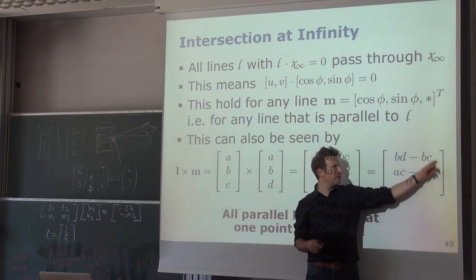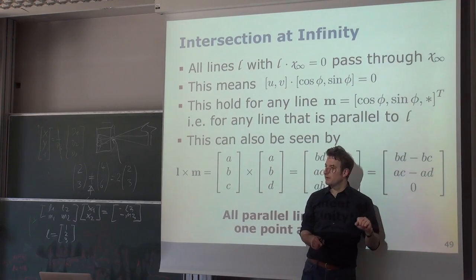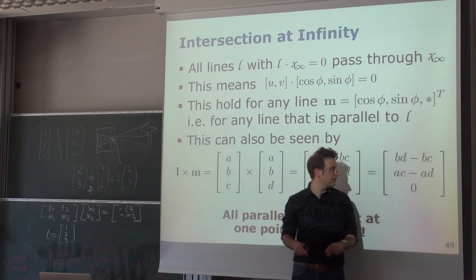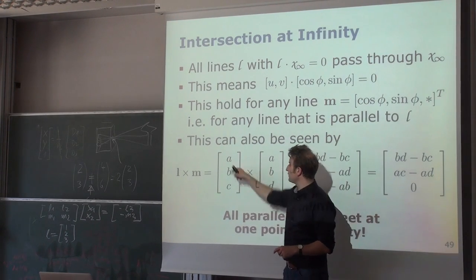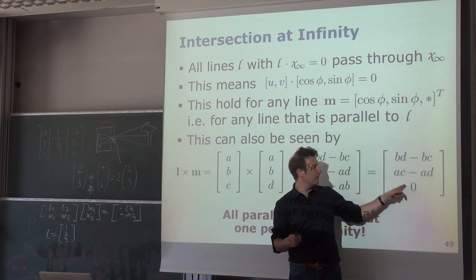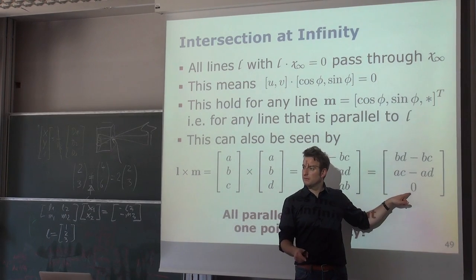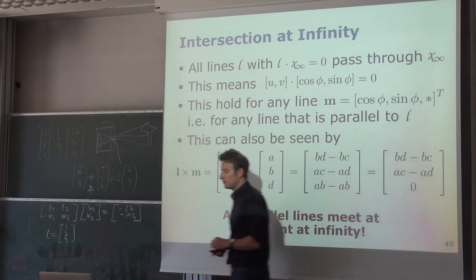So I obtain this expression where I have some value over here and some value over here, and this depends on the directional components, but also on the distance between those lines. This gives me the direction, but the point is at infinity, because it has a 0 in the last component.